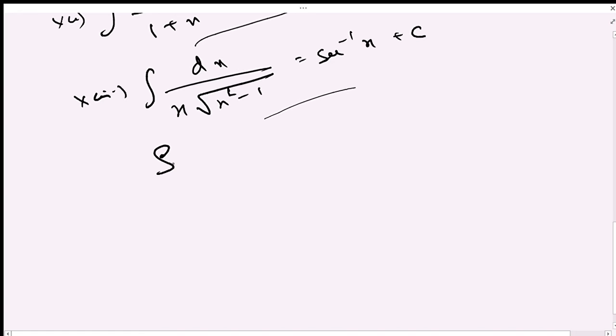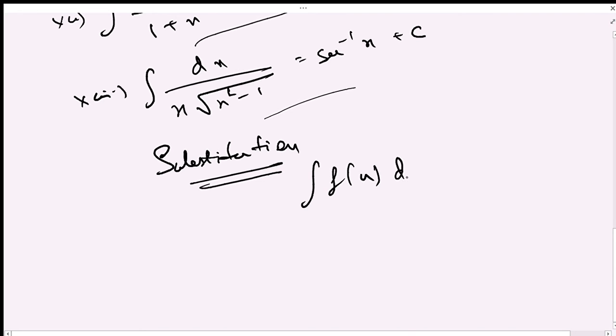Okay, so substitution is basically, suppose you have some integral, say f(x) dx. Suppose this is a very complex integration, and you need to simplify it. So what you do is assume a part of this function to be a variable, say z.